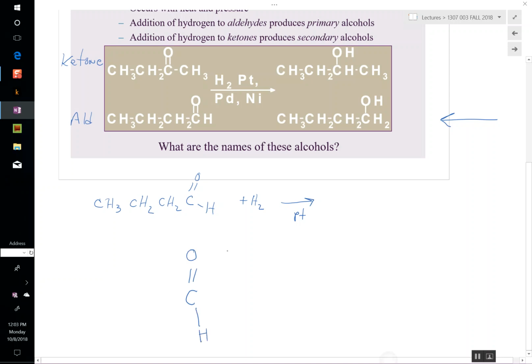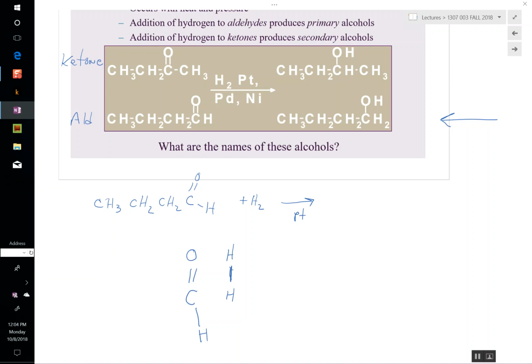Think of our aldehyde right there. Here's our hydrogen. And this should look familiar. When we talked about the hydrogenation of an alkene, we talked about adding hydrogen to a carbon-carbon double bond. Now what are we doing? We're adding hydrogen to a carbon-oxygen double bond.